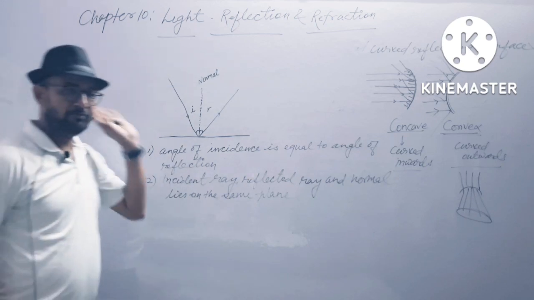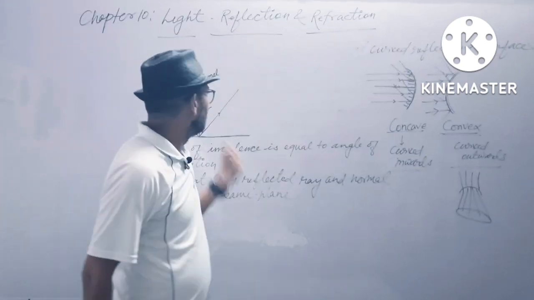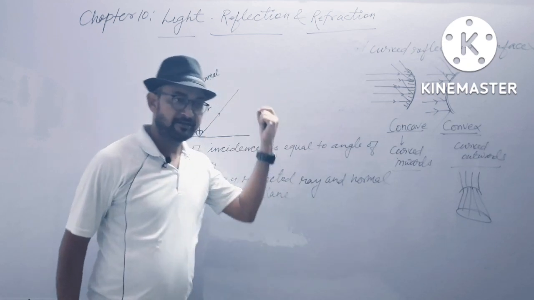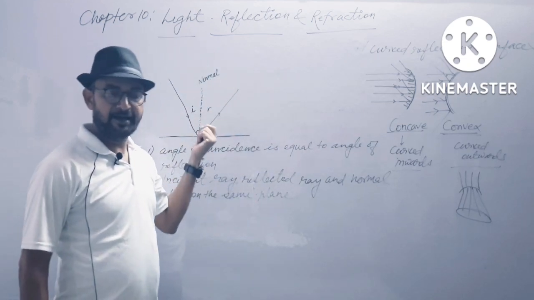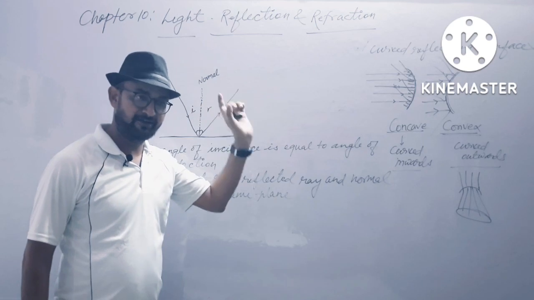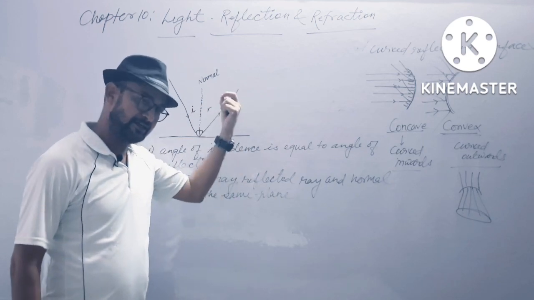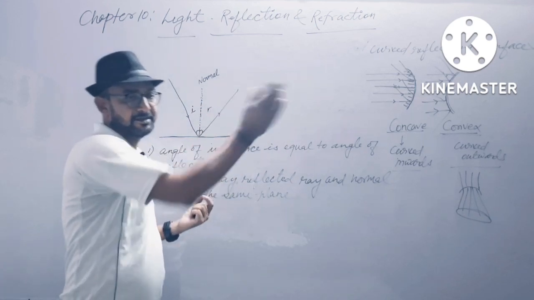There are two basic laws related to light, its incidence and its reflection.